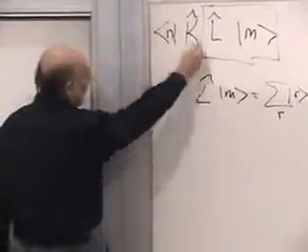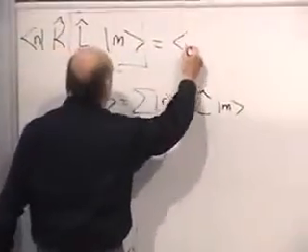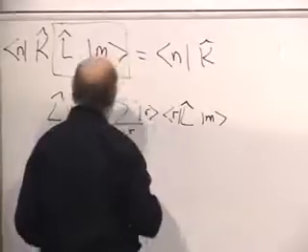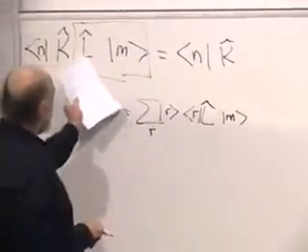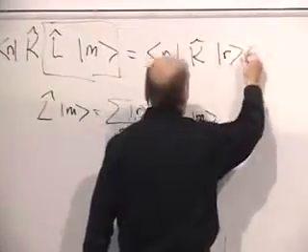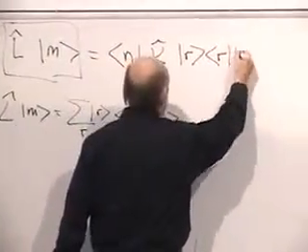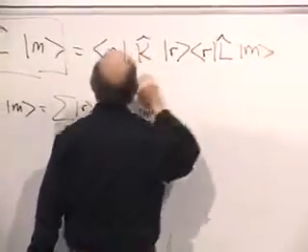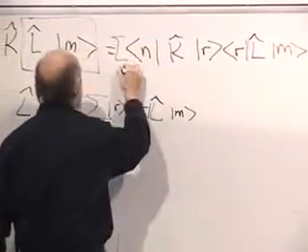And then we can write that this is equal to n, K with a little hat on top of it. And then let's substitute this in for L times m. It's r, summed over r.